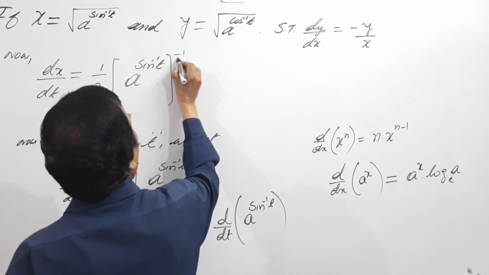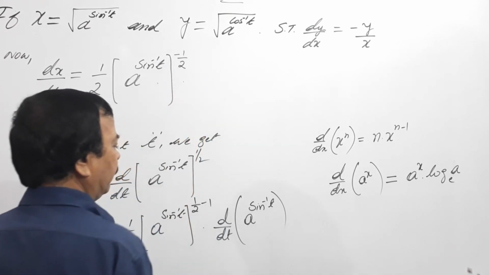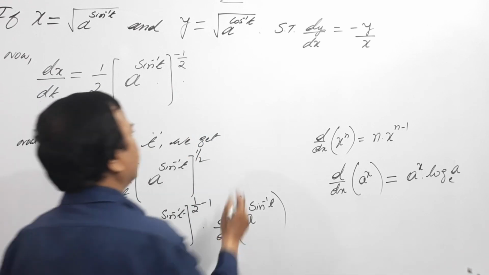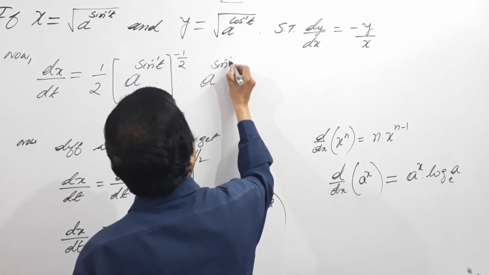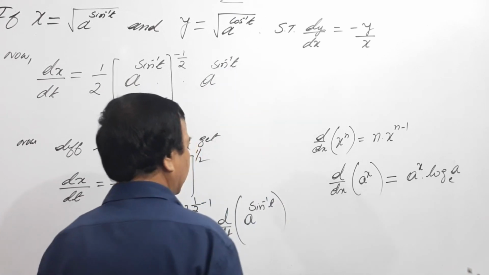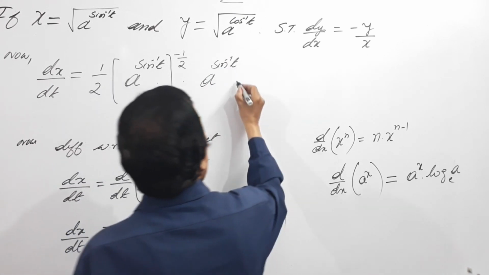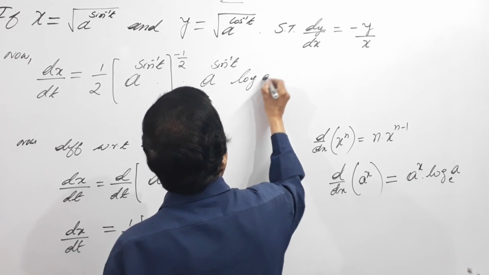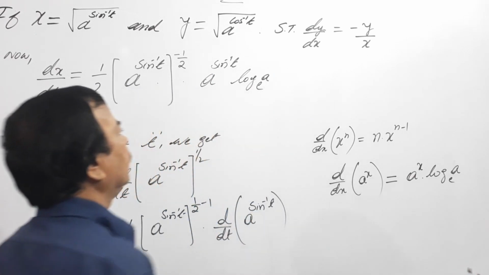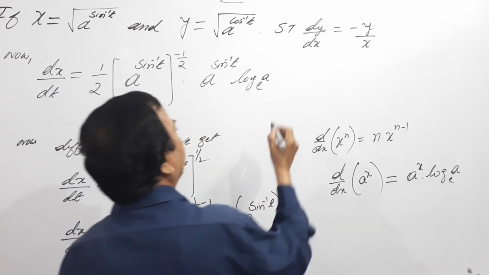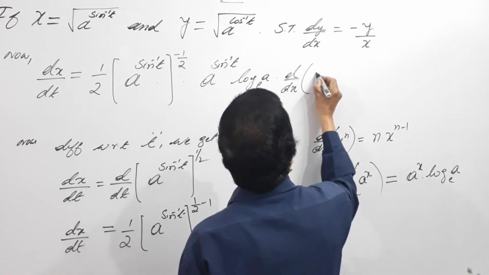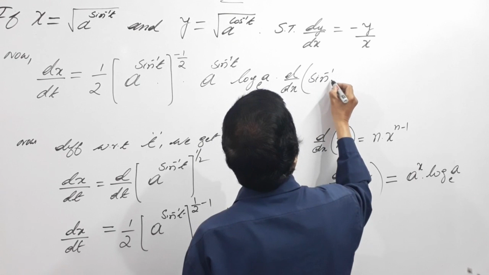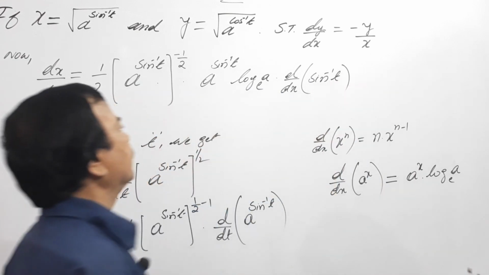This becomes minus half into d by dt of a to the power of sine inverse t, which becomes a to the power of sine inverse t into log a to base e, and d by dt of sine inverse t.